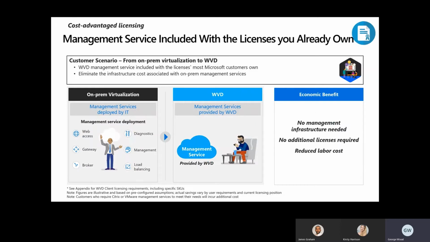And going back to something I said earlier, this is now really coming down to some of the licensing benefits, and I guess we're moving away from the infrastructure, although this one kind of straddles both.